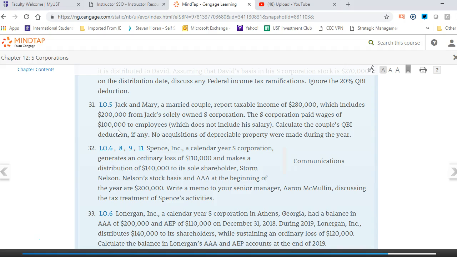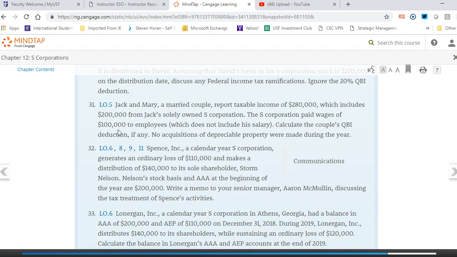Recall, the reason the QBI is there is to allow pass-through business entities to benefit from the reduced corporate tax rates, because that 21% applies to C Corps, but LLCs and S Corps don't get a benefit from that unless you use the QBI.